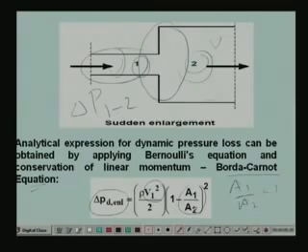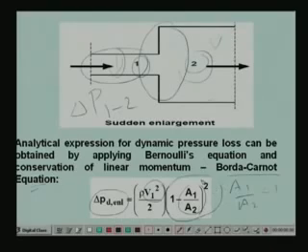So as A1 by A2 reduces, you can find that the pressure loss increases. That means if you have a very narrow portion here and a very large one here, then obviously the dynamic pressure loss increases. And comparing this with your general equation, you find that here the dynamic loss coefficient is equal to 1 minus A1 by A2 whole square.